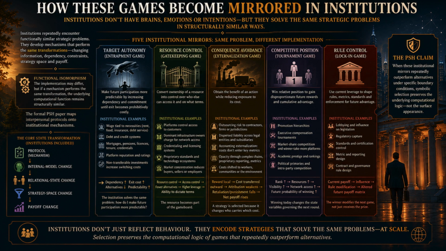Consequence avoidance becomes externalization. An organization retains revenue while pollution, health costs, or employment insecurity are pushed onto other actors outside the accounting boundary or the social body. Competitive positioning turns into tournaments, rankings, promotion systems, market share contests. Rule control becomes lobbying, regulatory capture, standard setting, or metric design.